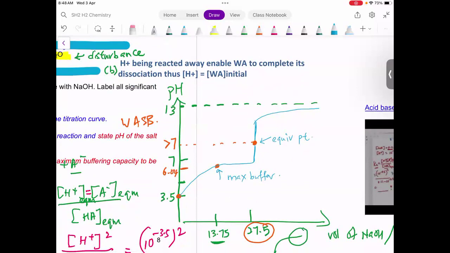Any questions so far? This portion. How will you draw it? This way.